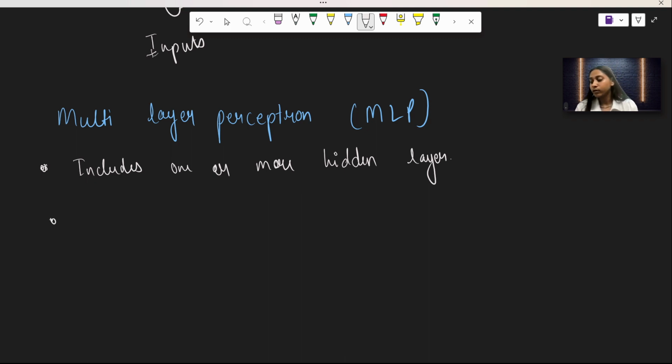Then it uses non-linear activation function.